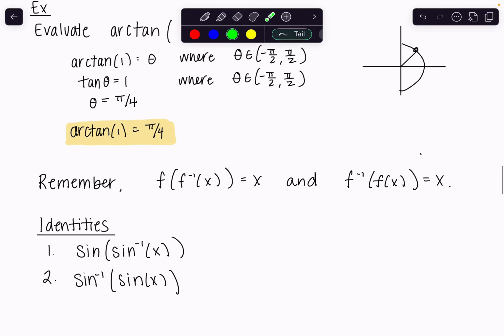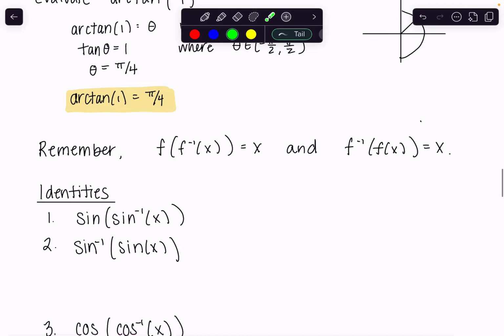It's not a problem when the inverse is on the inside. These 2 are going to cancel each other out as long as x is in the interval from -1 to 1, because it would make no sense to find sine inverse of 3. There's no angle that gives you sine of theta equaling 3.